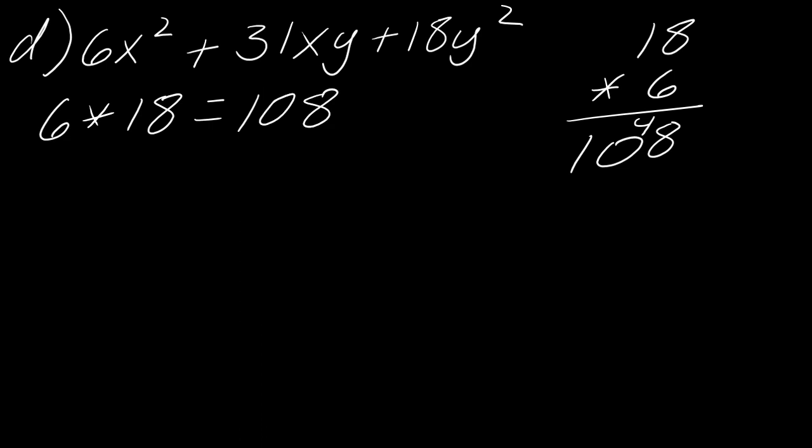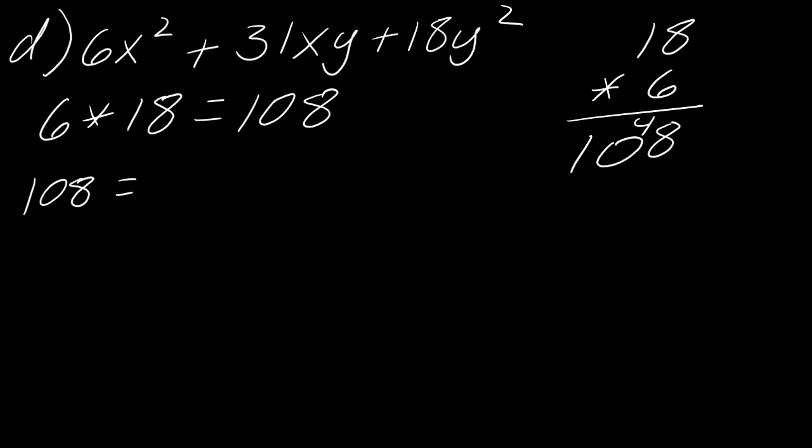Okay. So then I have to think about what multiplies to 108 but adds to 31. So notice that I'm not getting too worried about the x and the y's because I know how to handle that. So, okay, 108. Well, 6 and 18 don't work.